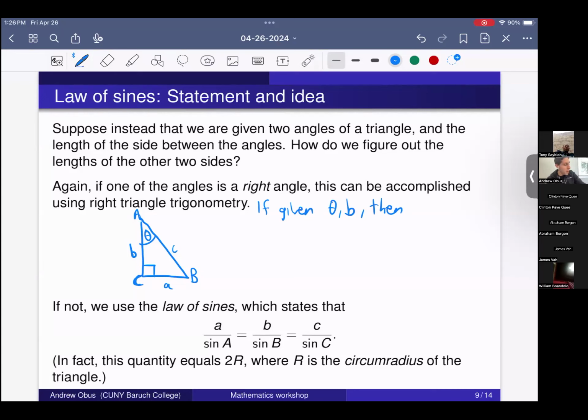Let's look at cosine theta first. Given theta and B, cosine of theta in this case is equal to B over C. So C equals B over cosine theta. And what else do we have? Well, once you know C, then you can get A from the Pythagorean theorem if you want to.